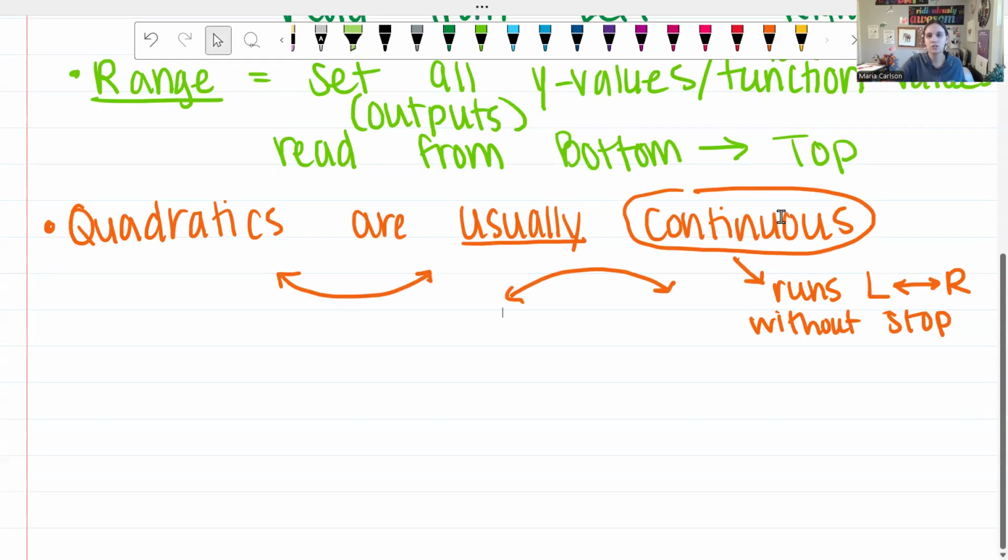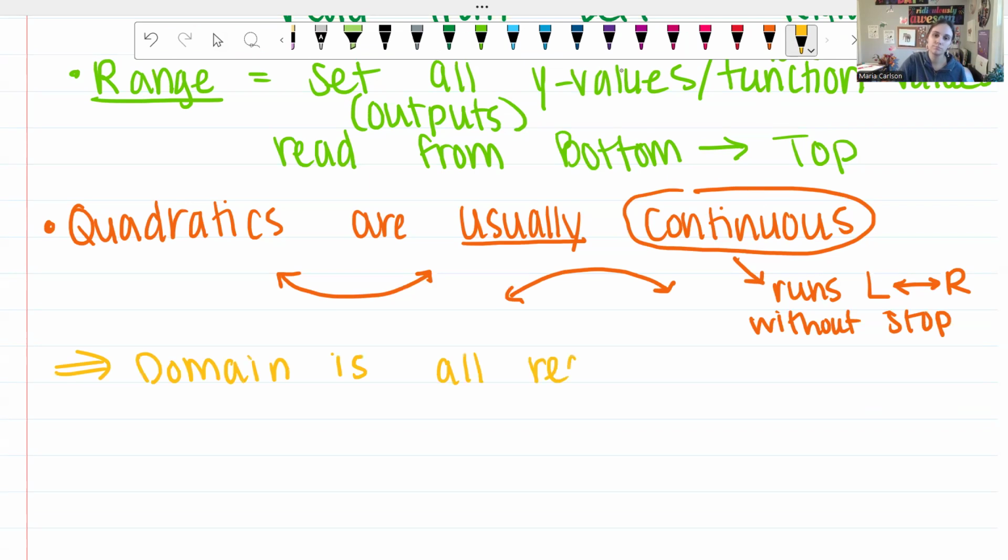So because quadratics are usually continuous, this means then that their domain is usually all real numbers. Unless, again, it is some piece that you are just looking at.